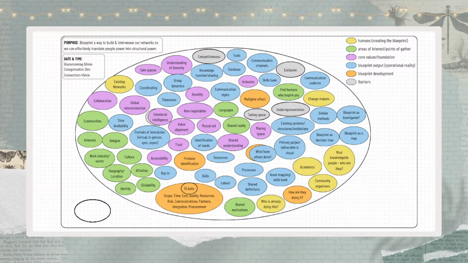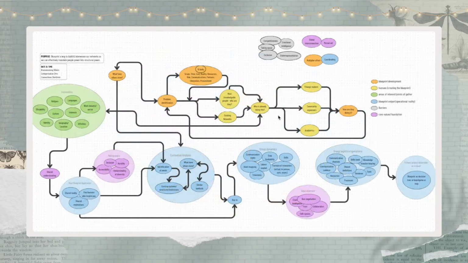We started interconnecting all the system's elements, which is a critical part of systems thinking. We have worked on the interconnection of pretty much all the groups, with the exception of the barriers, which we are going to do today.